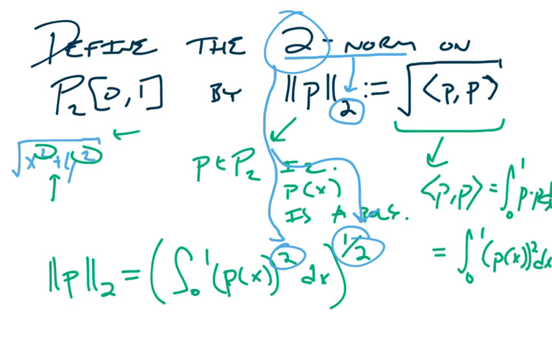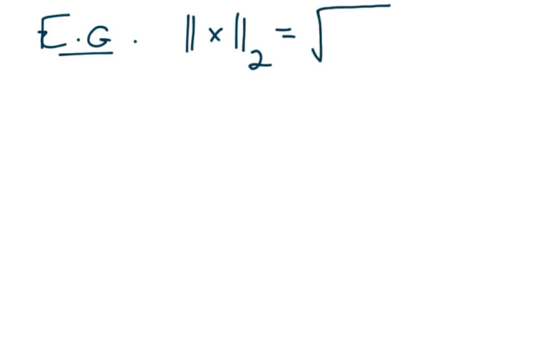Okay, so this is the first big thing that we need to address. There is a way of measuring magnitudes of polynomials. All right, so a quick example. We could take the magnitude of the polynomial that is equal to x. This is, again, going to be the square root of x inner product x.